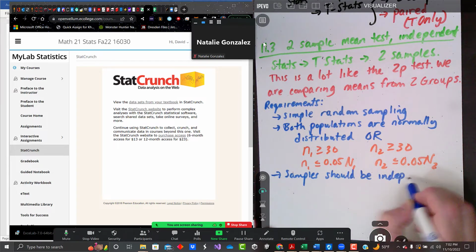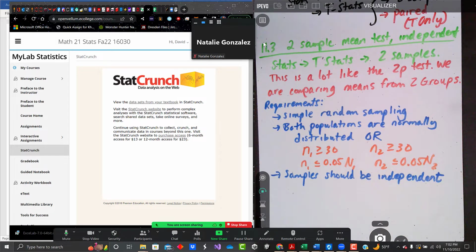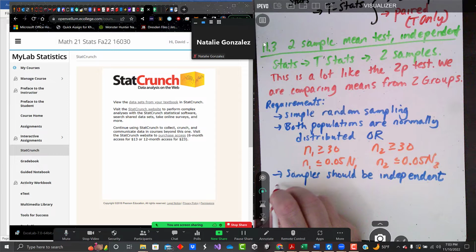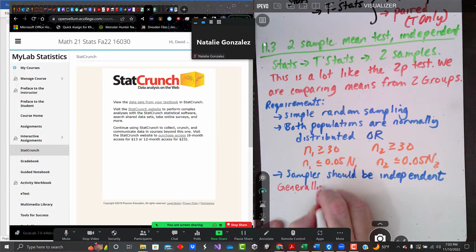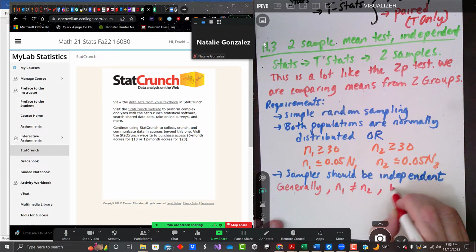The only one that really has a dependency so far is the paired test. For the paired test, N1 had to equal N2, but generally for the independent test, N1 does not equal N2, but it is okay if it does.